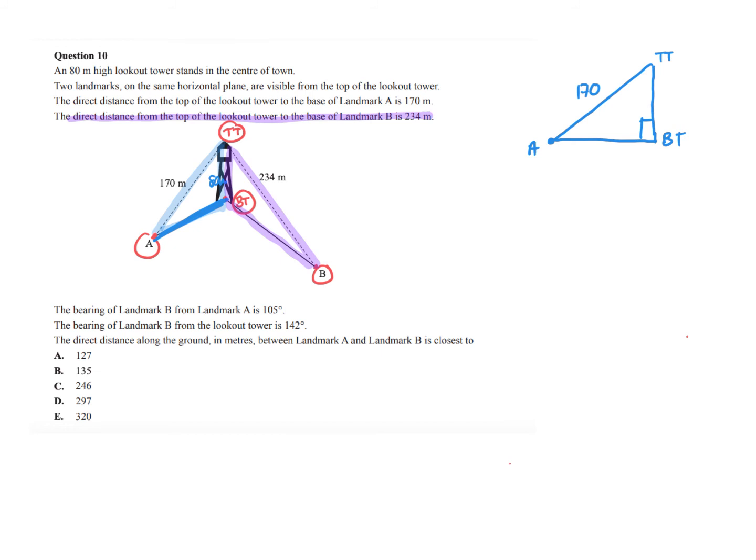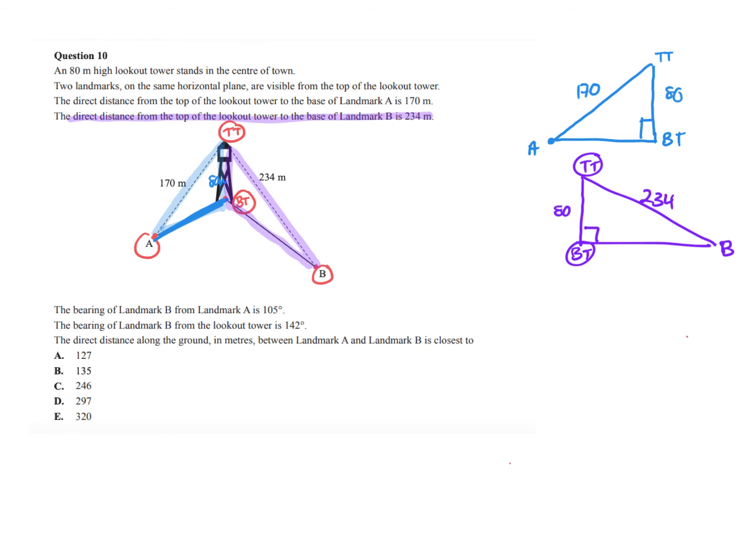Drawing that more simply, you've got the bottom of the tower, top of the tower, and then out to point B. They gave us 234 as the direct line. Just remember, we also know that the tower is 80 high. So we've got two triangles with a little bit of information.